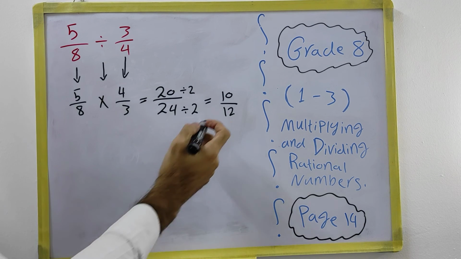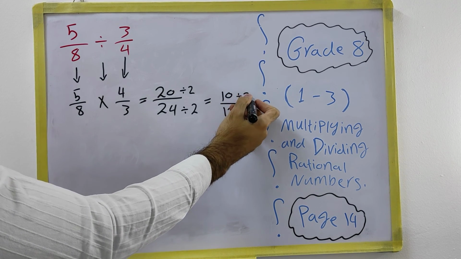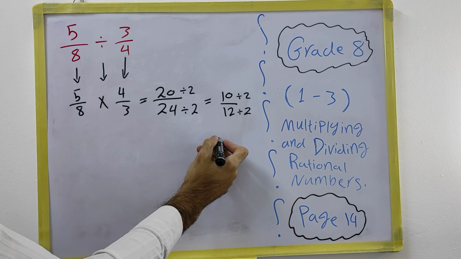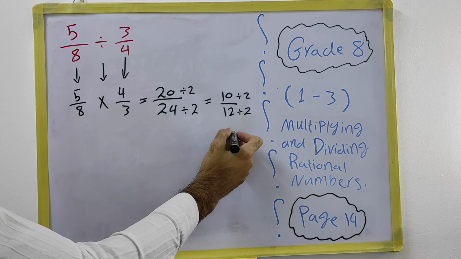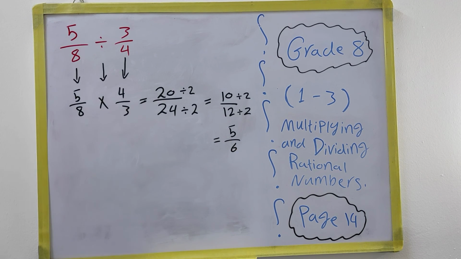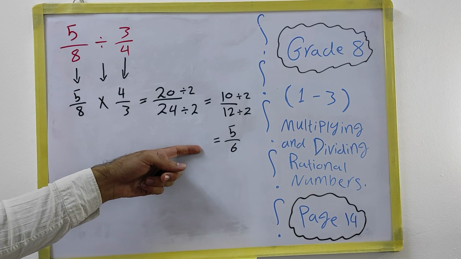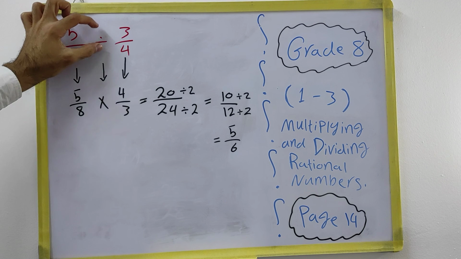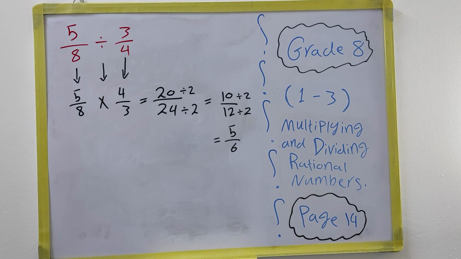Again, can be simplified more. Divide by 2, divide by 2. 5 over 6. Cannot be divided more, so this is the simplest form for this division. 5 over 8 divided by 3 over 4 equals 5 over 6.